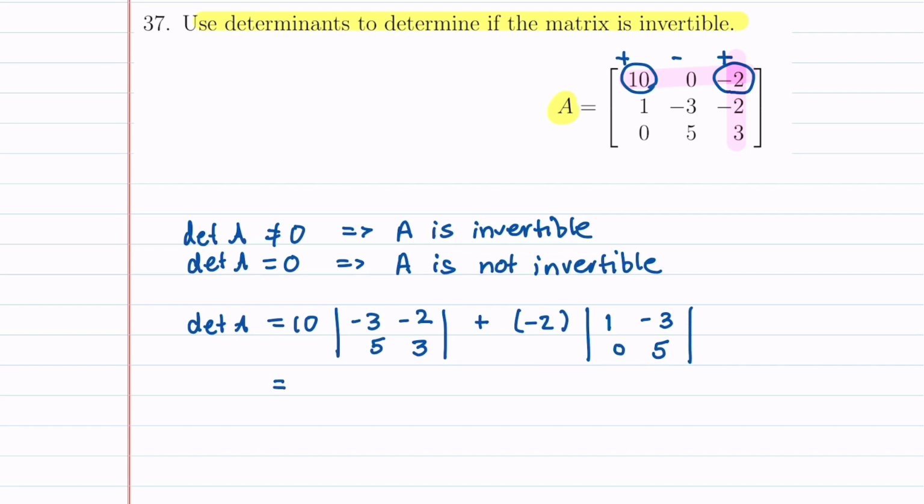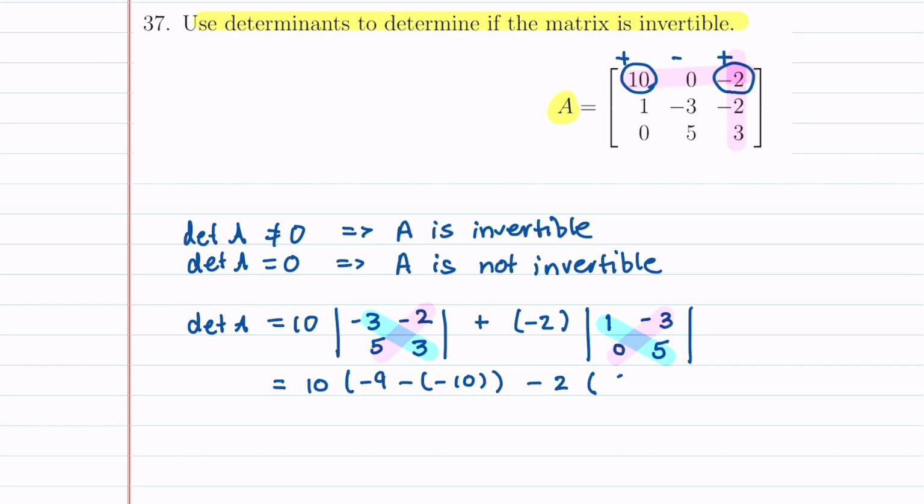Now we can go ahead and compute this. This is a 10. To compute the determinant of a 2 by 2, we multiply the main diagonal and subtract off the off diagonal. So this becomes a -9 minus a -10. And then we have a -2, and we do the same thing. We multiply the main diagonal, and subtract off the off diagonal.